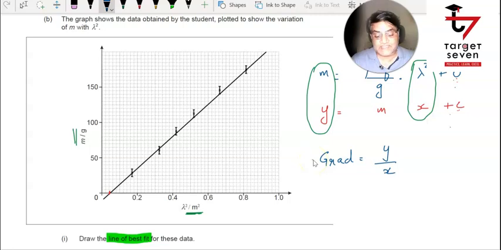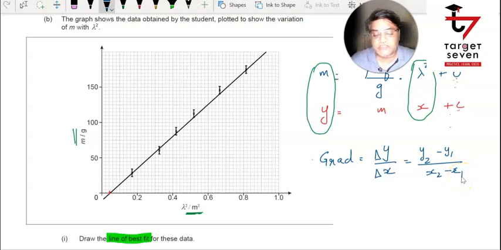That is a classic mistake. Never ever do that. The gradient is always determined using delta y upon delta x.